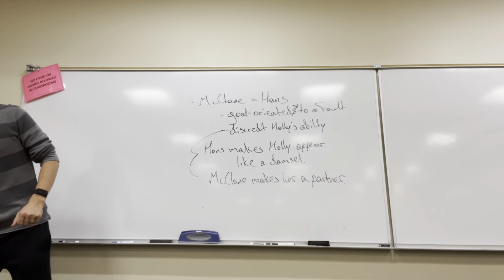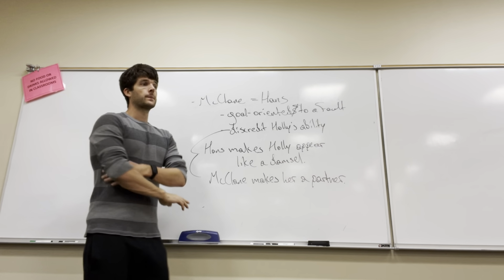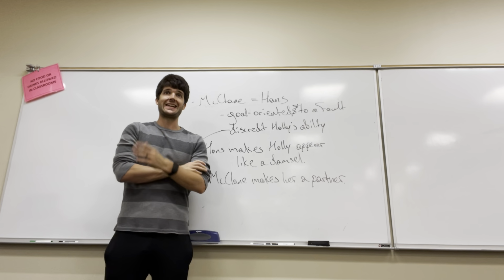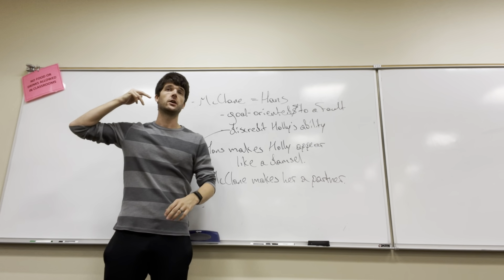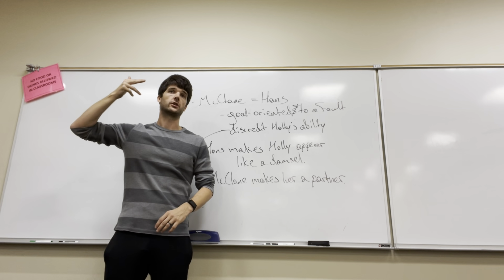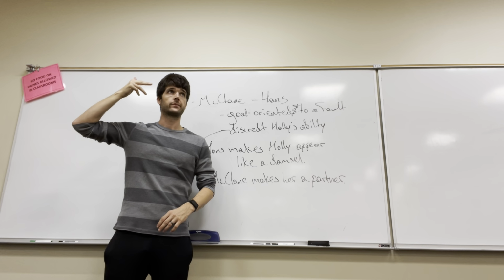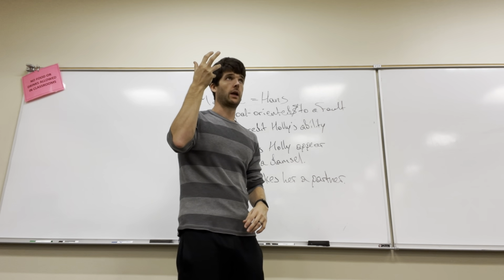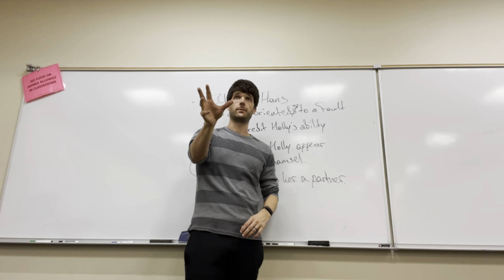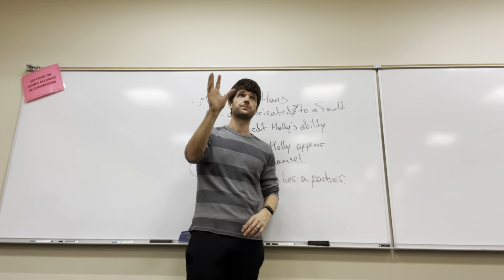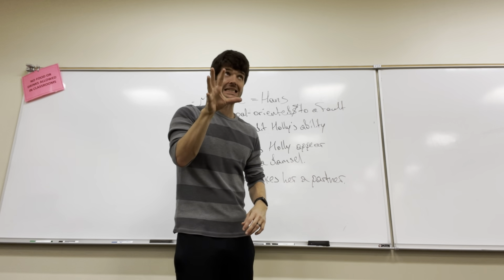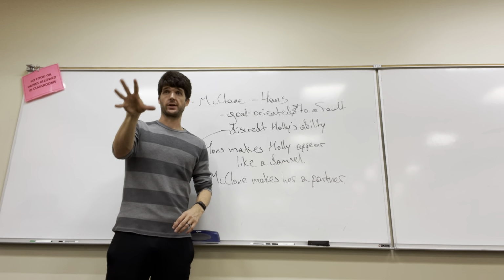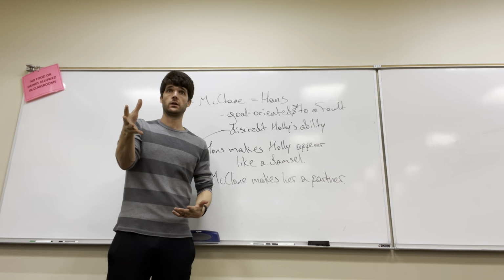But we have to contextualize this properly, right? This is all a plan. McClane goes in, he has the gun on his back, like he's thought about how this is gonna go. So the way I read that, and please disagree with me if you like, is he expects Holly to know what to do when he says her name, right?